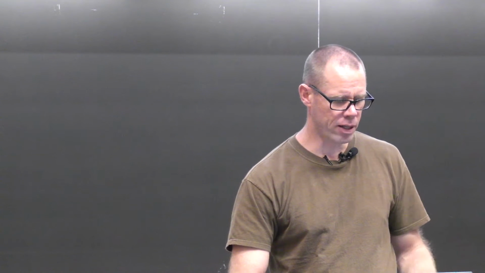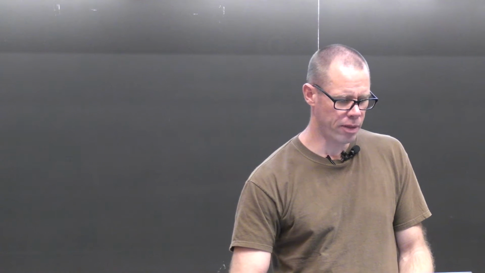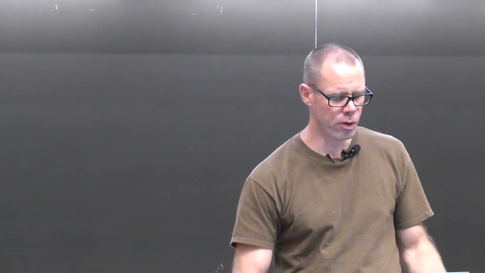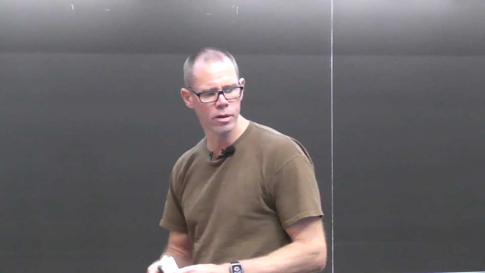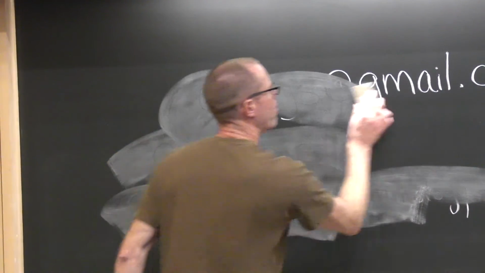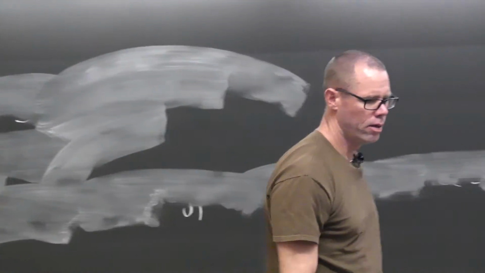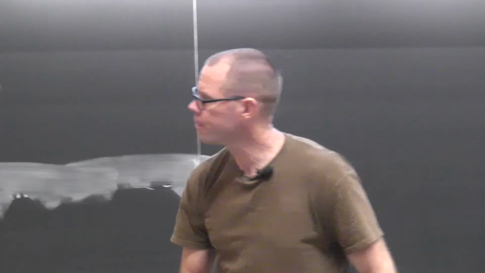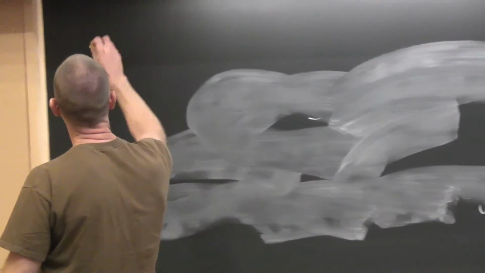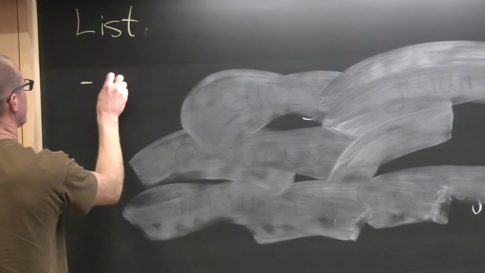In the Java collections framework, the most likely thing you are to use is this ArrayList class. So remember, an array list implements the list interface. So that means it has to implement these operations.